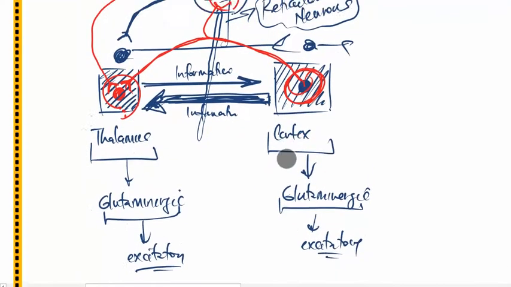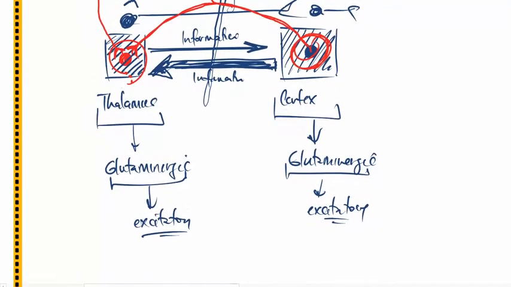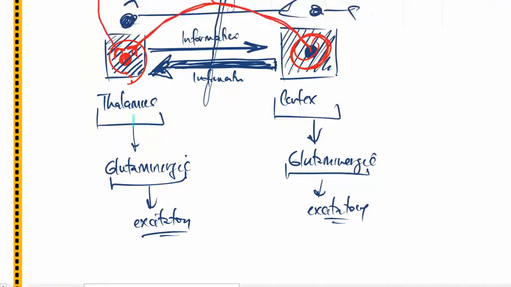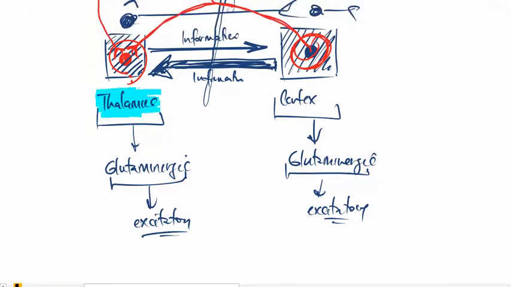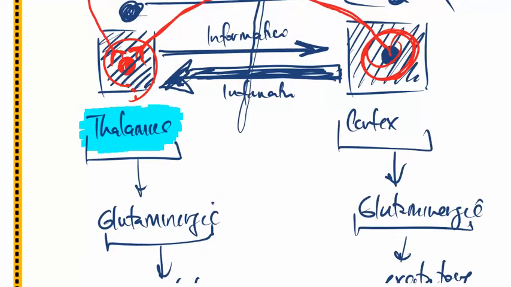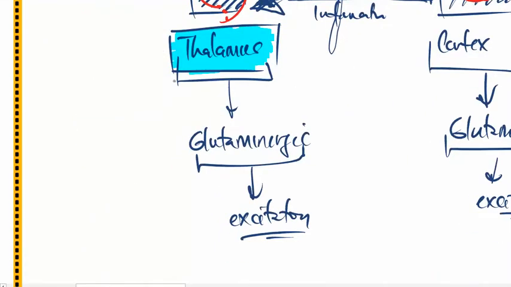Okay, so now another thing. When you're looking at this thalamus, there are two different modes by which the thalamus is going to be relaying information to the cortex.